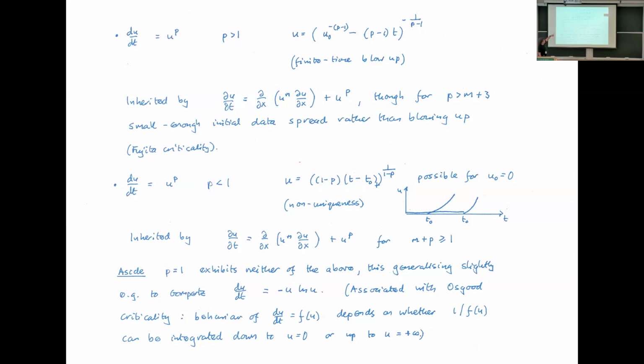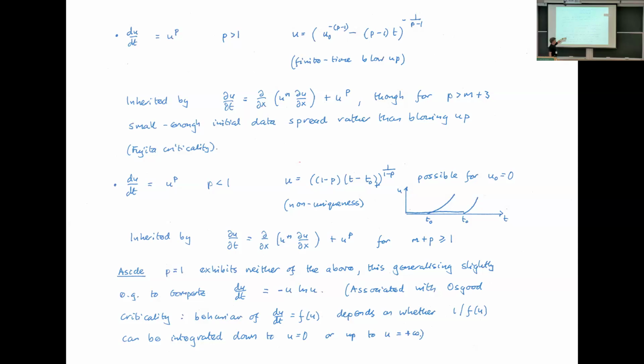The converse case, and this again is at the wave front, I'll do the wave back in a minute. At the wave front, if P is less than 1, you've got the classic non-uniqueness, non-Lipschitz business, where the solution can kick off at any finite time. Now, for most of the regimes of the PDE, that's not a case that's going to arise because the diffusion term will kick off growth at infinity, even if the solution starts off 0 there.